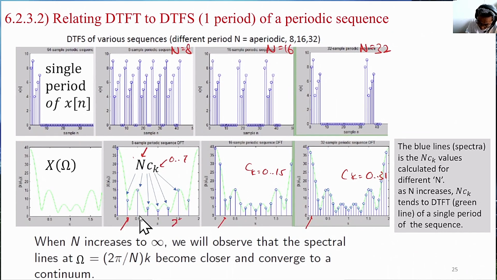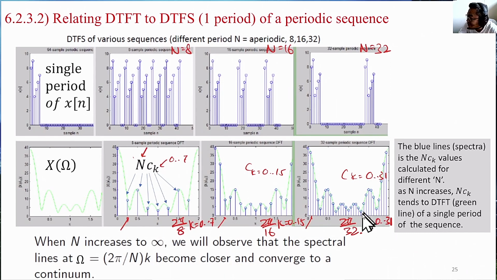In this case it is 2π over N, where N is 8 here, 2π over 16 here, and 2π over 32 here. So the spacing between the lines is the resolution, 2π over 8 times different k. Here k is 0 to 7, here k is 0 to 15, and here k equals 0 to 31.